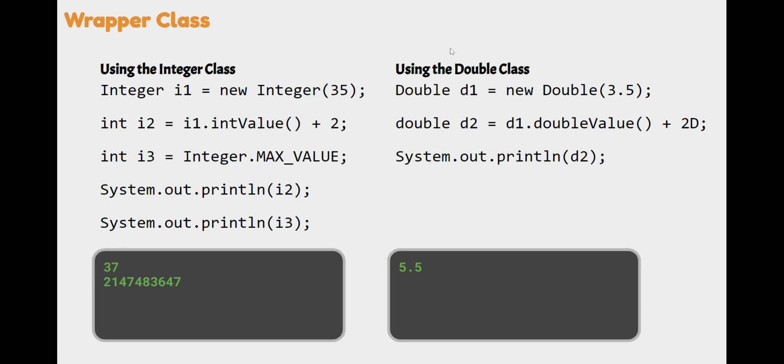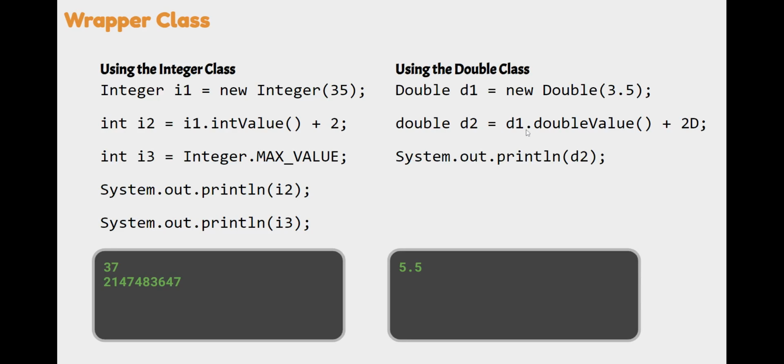We see a similar situation on the right for the Double class. We are declaring and instantiating a Double object named D1. We are assigning it the value returned by the constructor when we create a Double object, passing in the double literal 3.5. On line 2, we are declaring and initializing a variable of type double named D2.